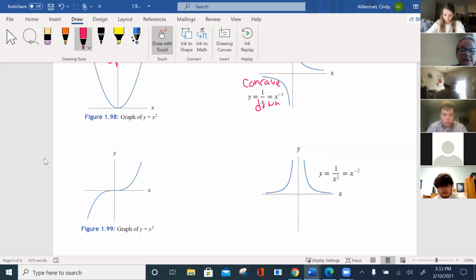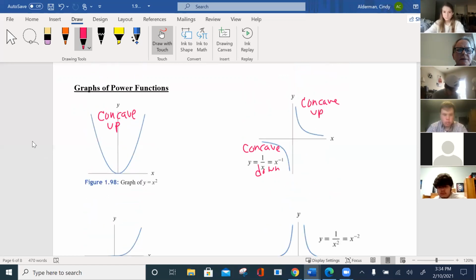On the left side, x cubed is what? Concave up or concave down? I'm talking about the left side of the cubic. Concave down. Yes, concave down.